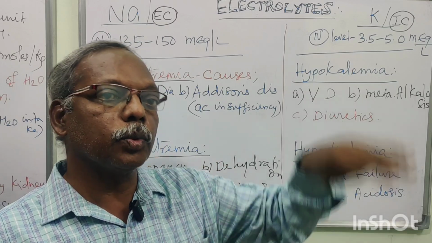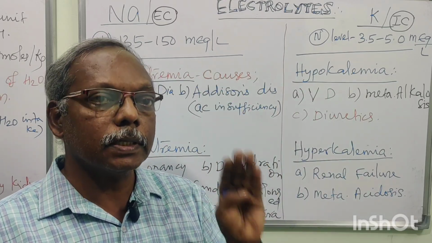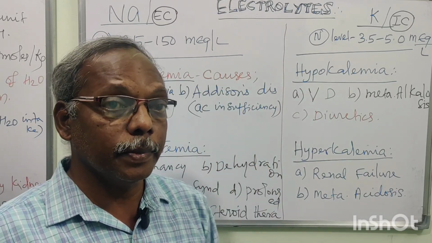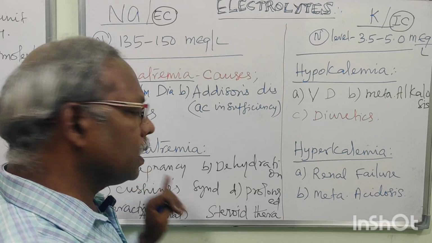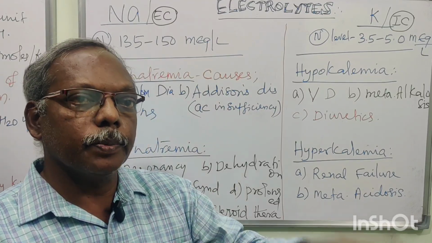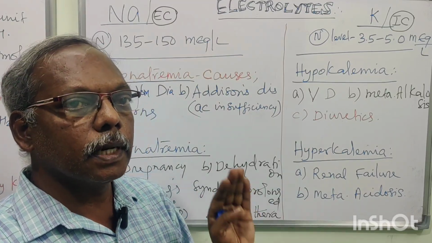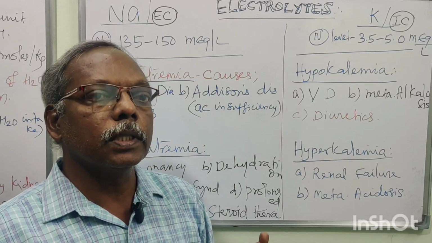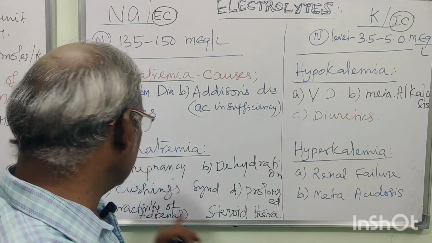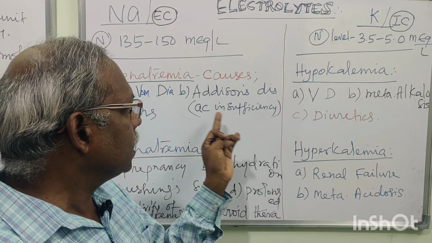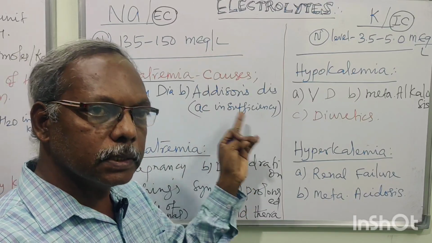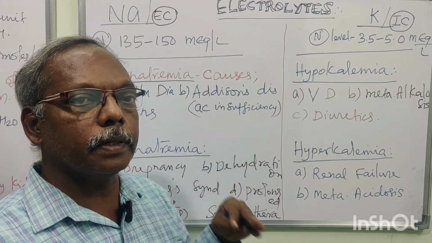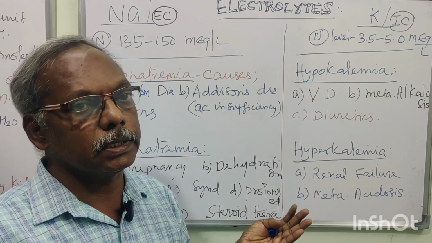Hypernatremia, when the sodium level is raised. What are all the conditions for hypernatremia? Physiological condition, pregnancy. Usually the pregnant mother will get a high level of sodium. Second one is dehydration also. They will go for hypernatremia. Third one is adrenal hyperactivity, Cushing's disease.